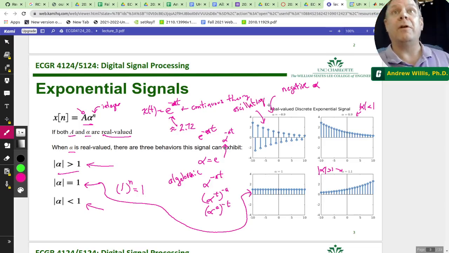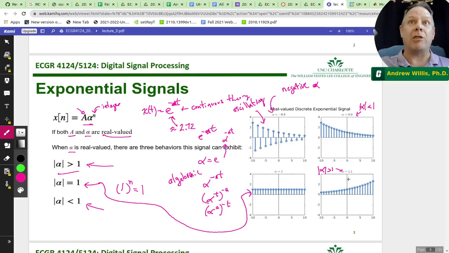So there are three different appearances for alpha positive, and if you make any of those alphas negative, they all of a sudden turn into oscillating functions.